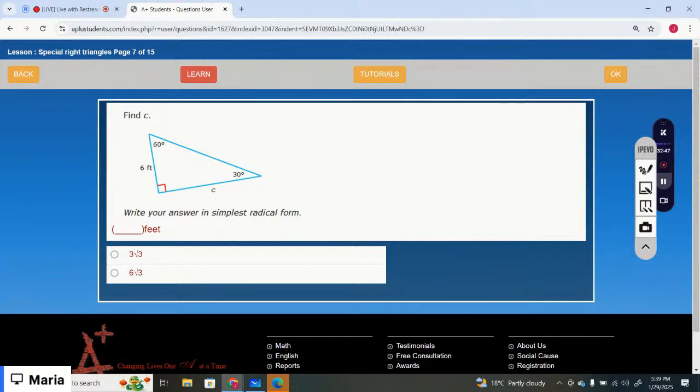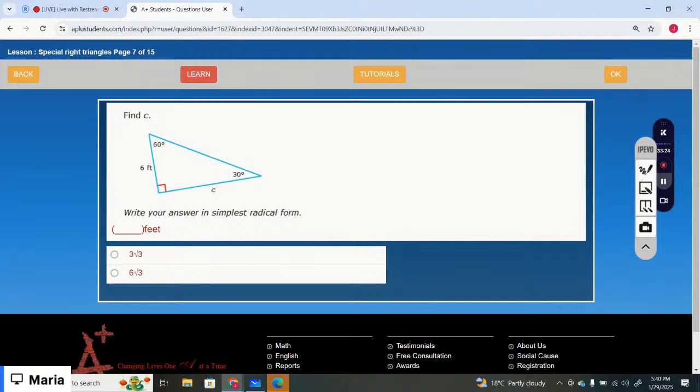Find C, which is the correct option. That is 6 square root 3.